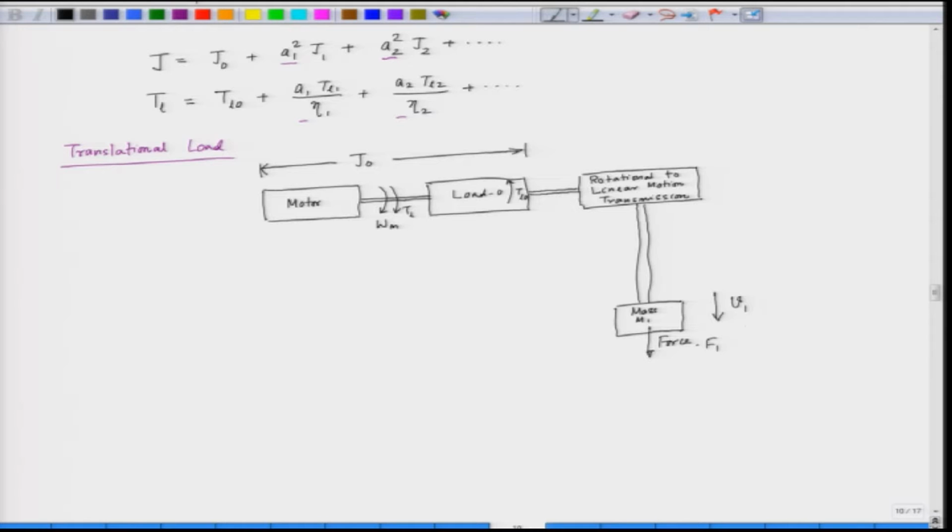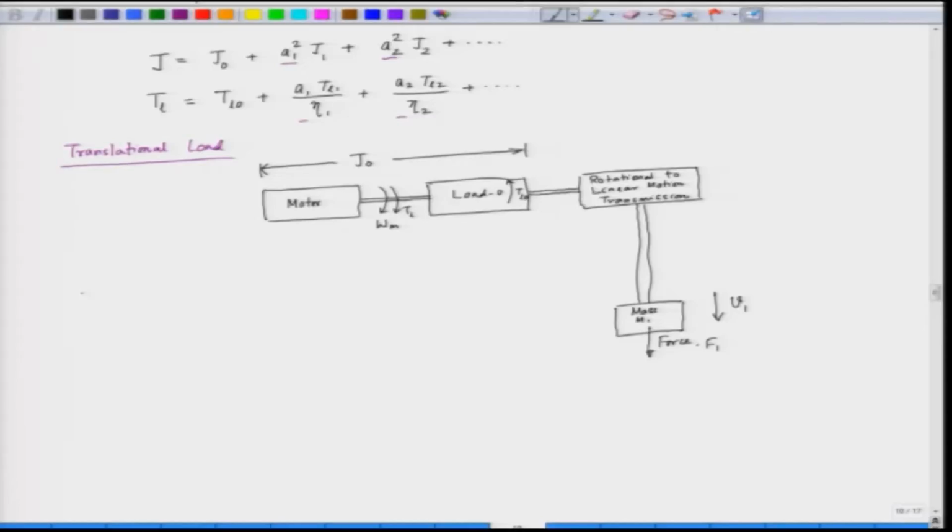Now, in this case we will apply the same method. We will first find out the effective kinetic energy of the system. Here we have a rotational system, the load 0, and we have a translational system which is going up or down in a linear motion. So, what is the effective kinetic energy of the entire system? Equivalently, we have the equivalent inertia j and the equivalent speed omega m.